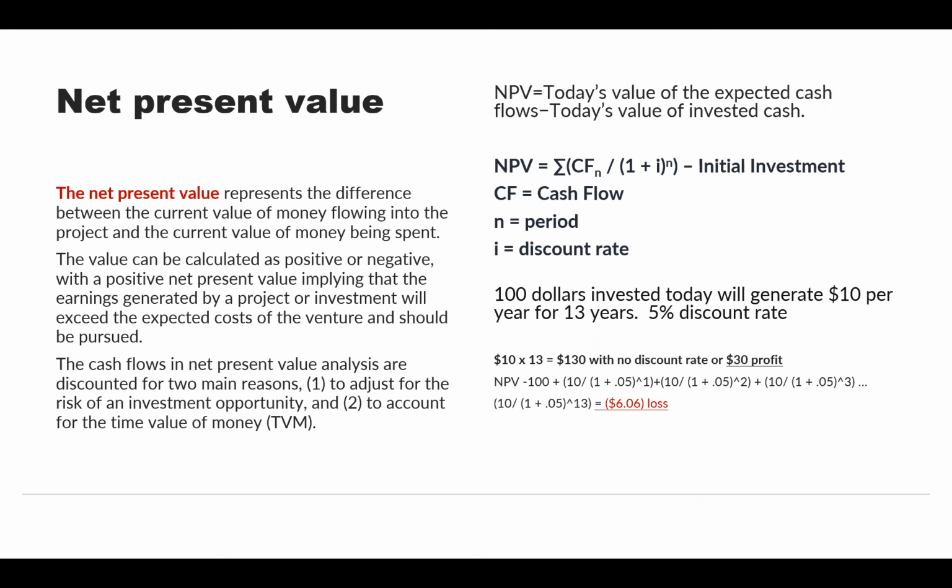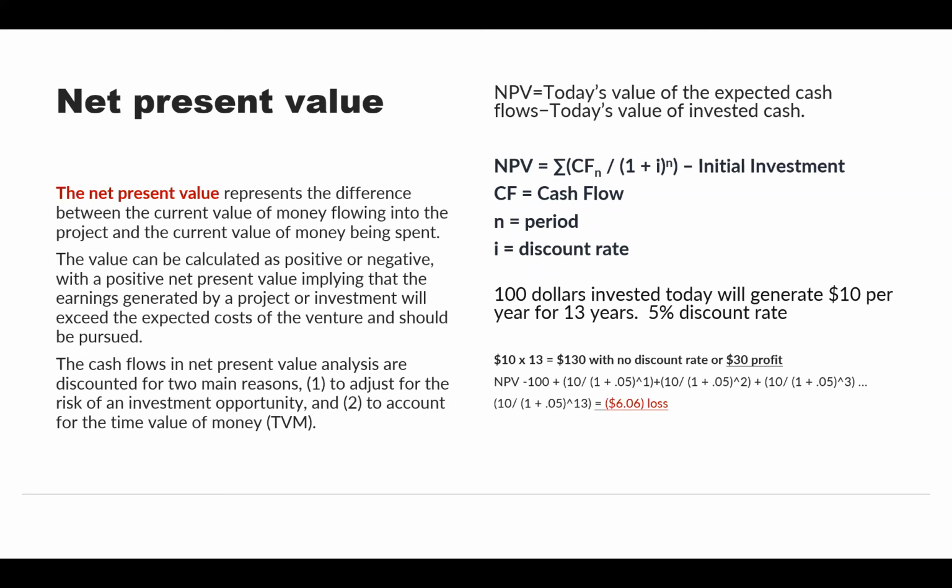The net present value, on the other hand, would be that negative $100, your negative initial investment, plus the $10 the first year divided by, reduced by, that 5% discount rate. And then that $10 in the next year reduced by that 5% discount rate, but squared, for the second year, plus the $10 divided by that 5% discount rate cubed.